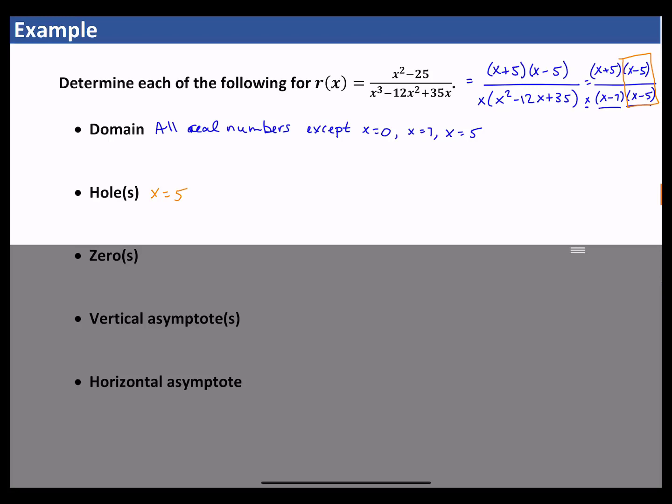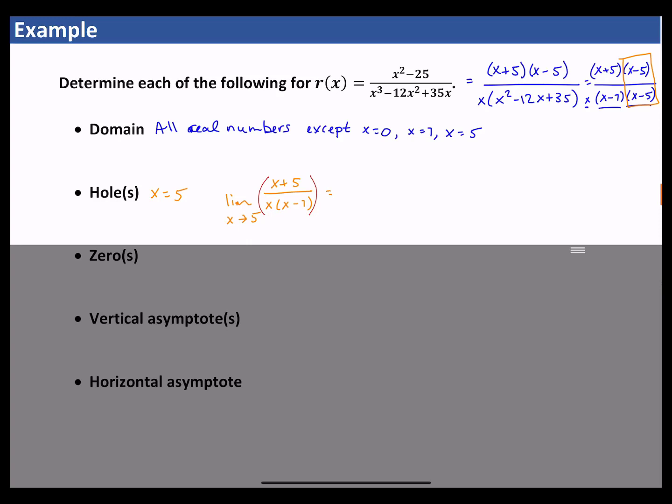Or we could do a little bit of analysis here and take the limit of the simplified version, x plus 5 over x times x minus 7, as x approaches 5. Remember, this simplified version is not the same because it would not have a hole. But by looking at the simplified version, we can find out the exact location of the hole.